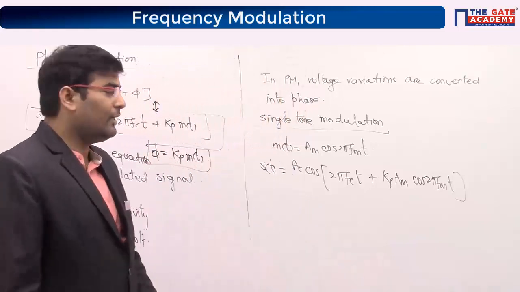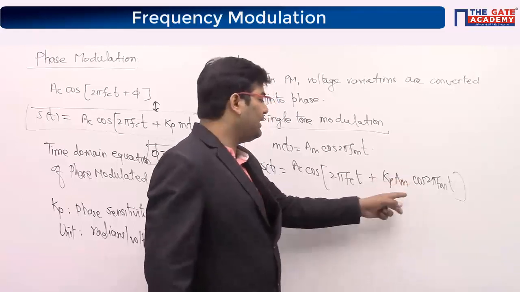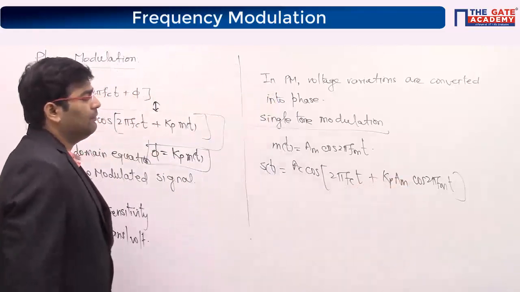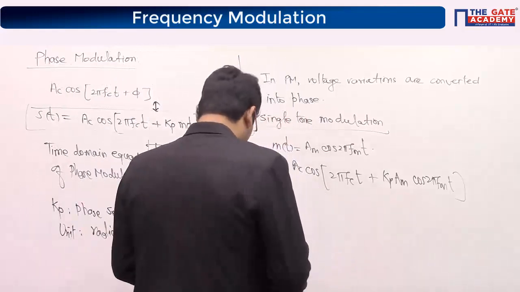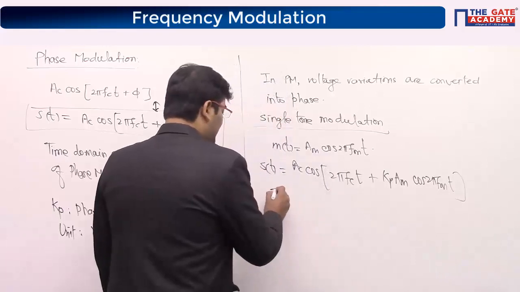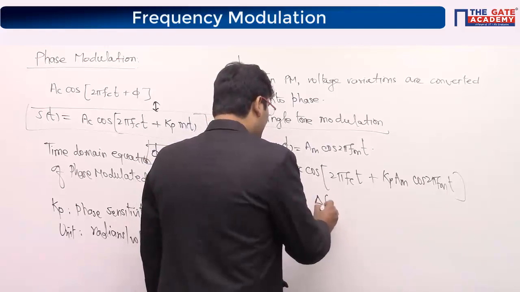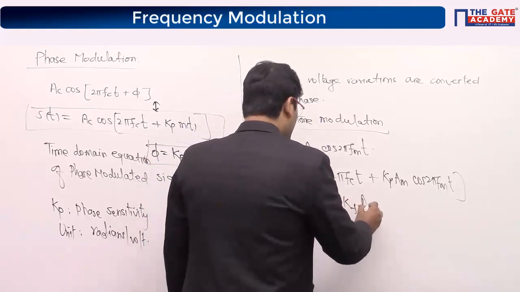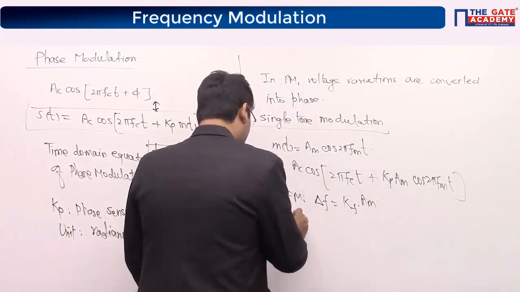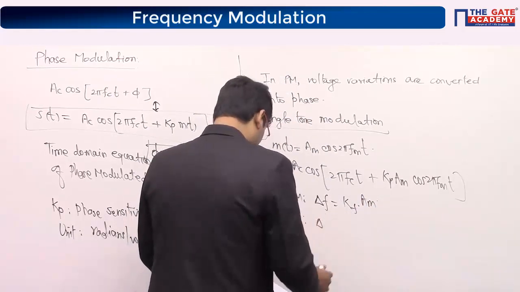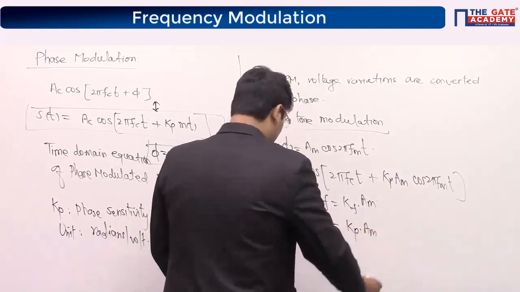Guys, if you recall, when we integrated in FM, cos became sine, and it had an extra term divided by fm. But here it is not that. So I can connect to FM: if you recall, delta f was Kf into Am. In PM, delta phi is equal to Kp into Am.